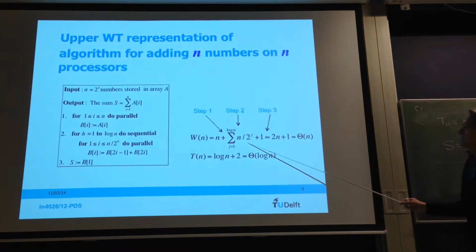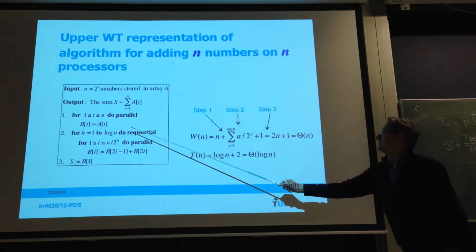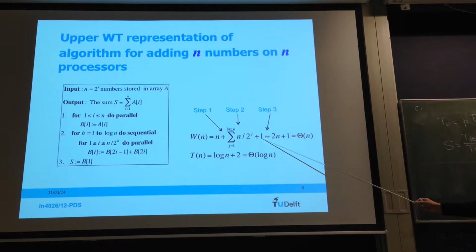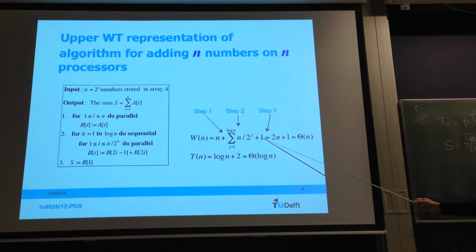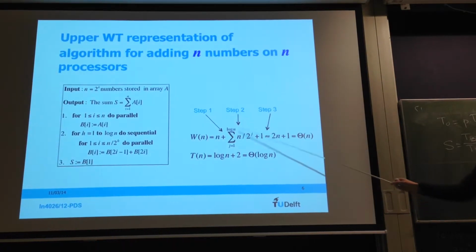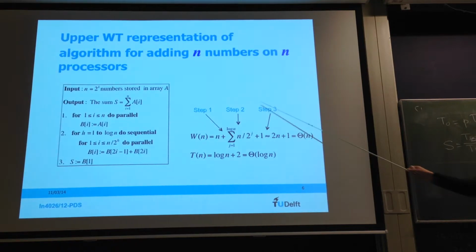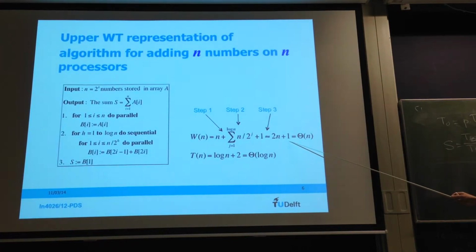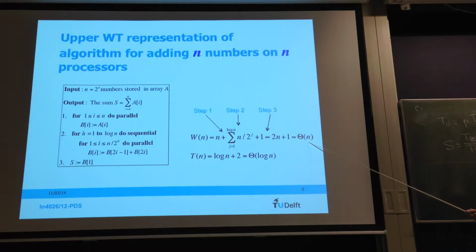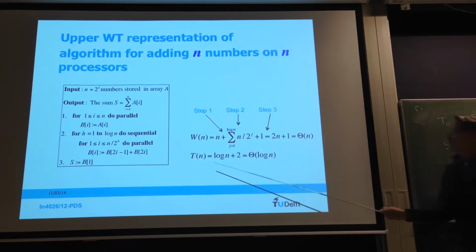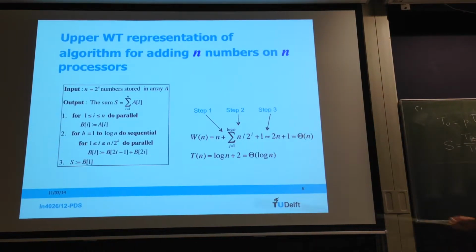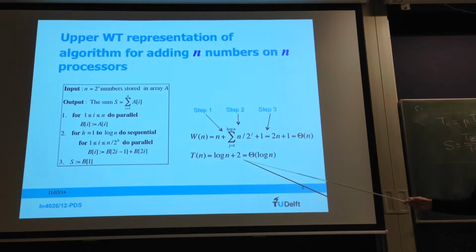This is the second step here, and this is the third step. This is only one. And if we summarize this, then we have two n plus one steps, which is order n. The parallel execution time is log n plus 2. Why 2?